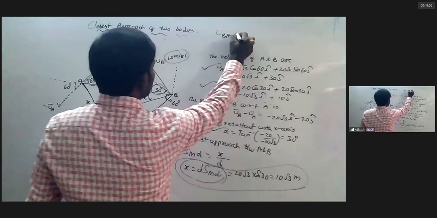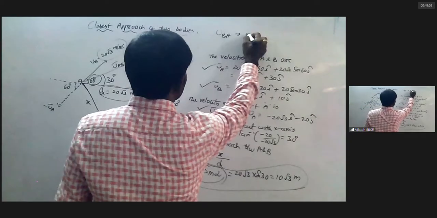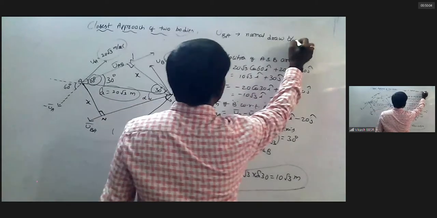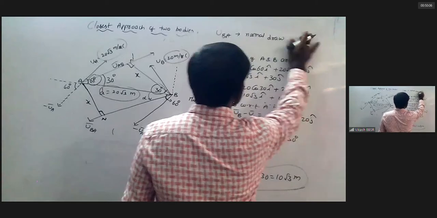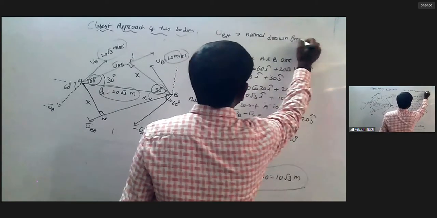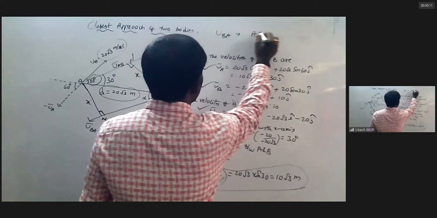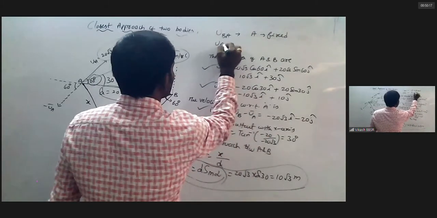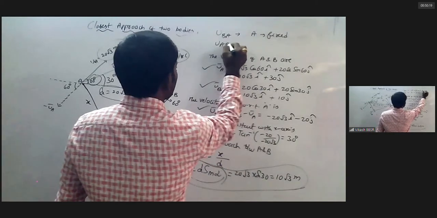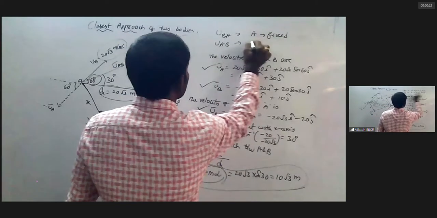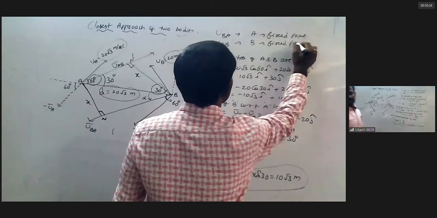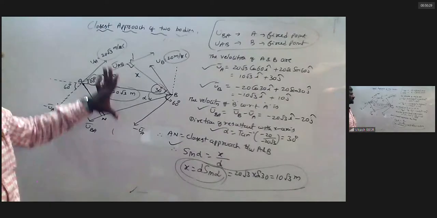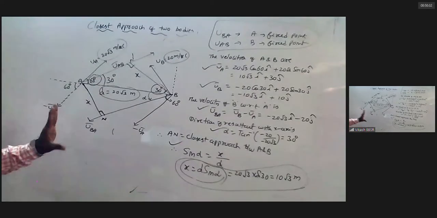UBA, normal drawn from the relative motion line; A is fixed. UAB, B is the fixed point. Points are like this. Standard model. Keep remembering, it's a standard model.